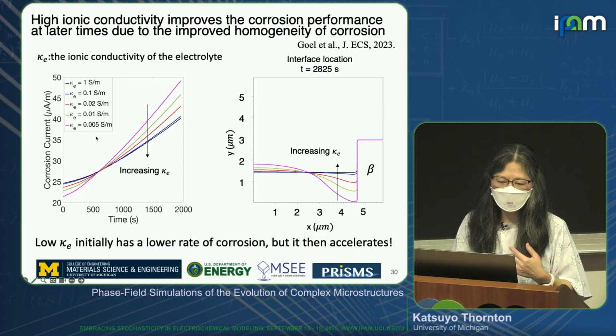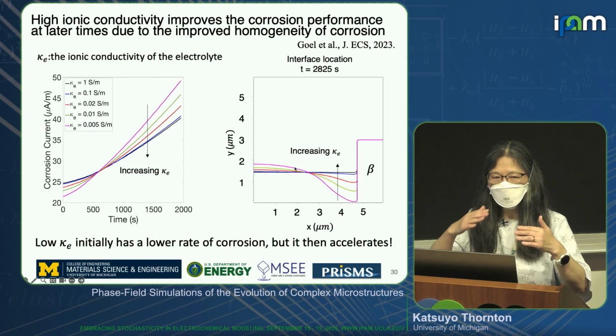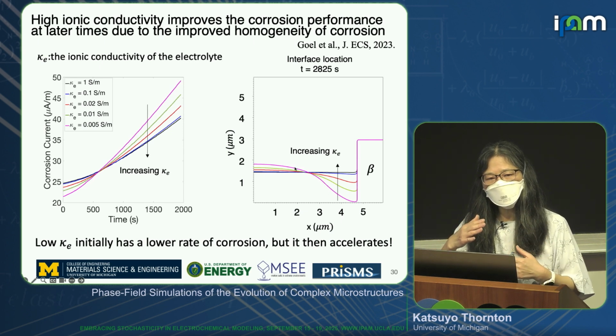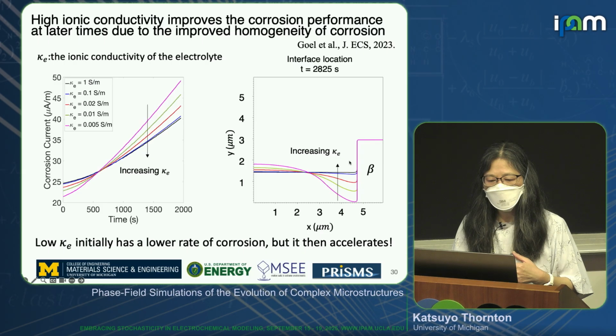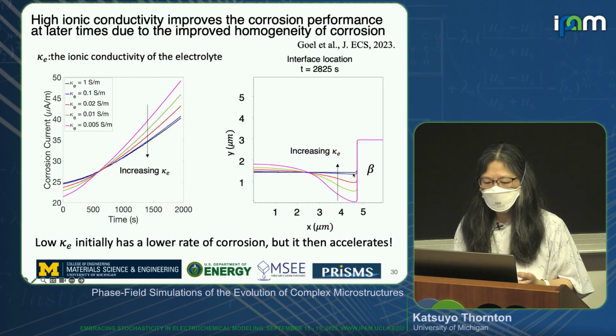However, if they have lower conductivity, then what we saw is this kind of non-uniform corrosion front. So there's going to be a higher corrosion rate near the beta and lower further away, which means you are corroding more alpha phase near the beta phase.